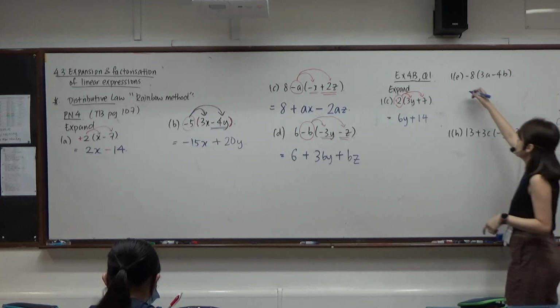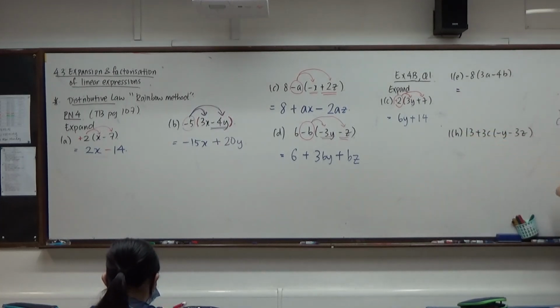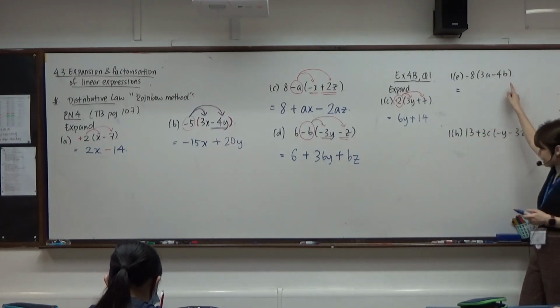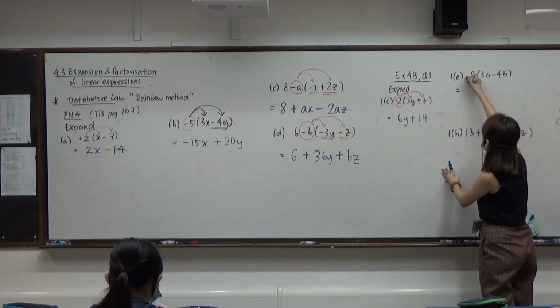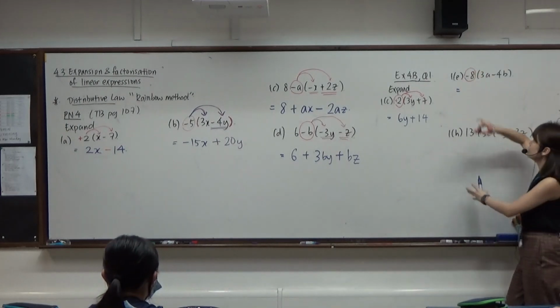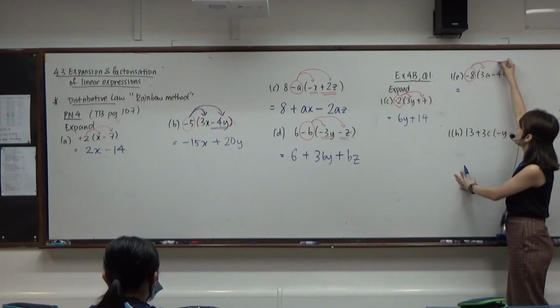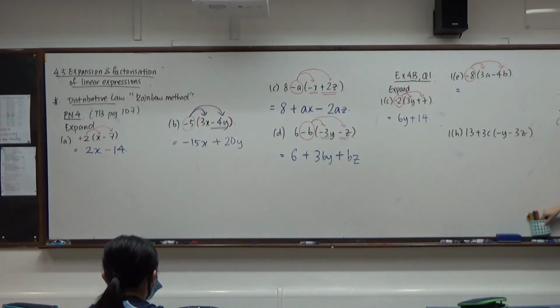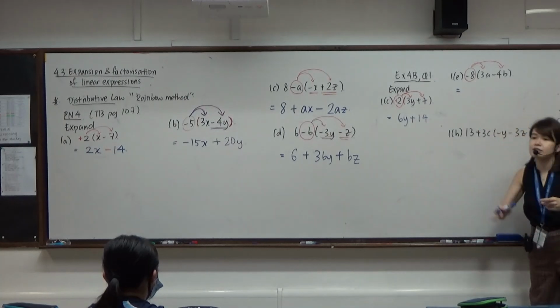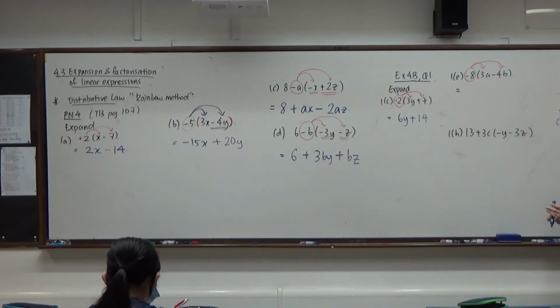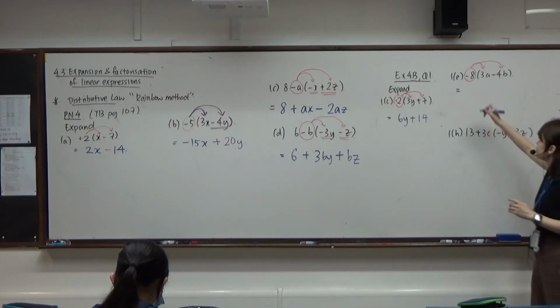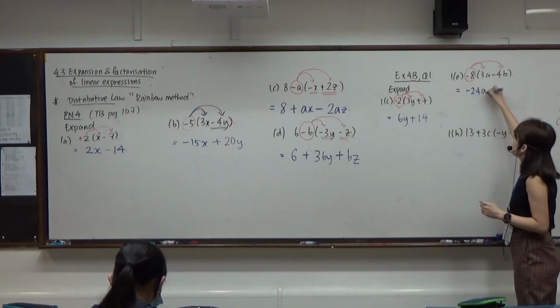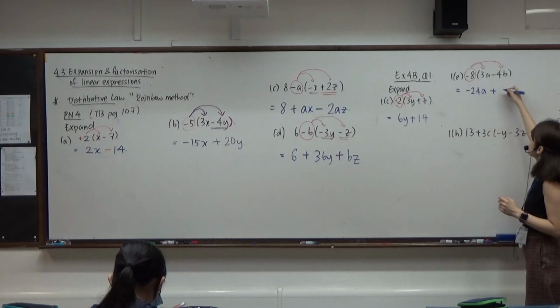Next, we have negative 8 bracket 3a minus 4b. So this is a negative 8. Doing my rainbow, what did you get as your answer, Asher? Negative 24a plus 32b.